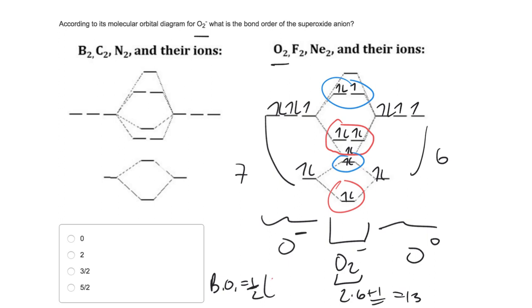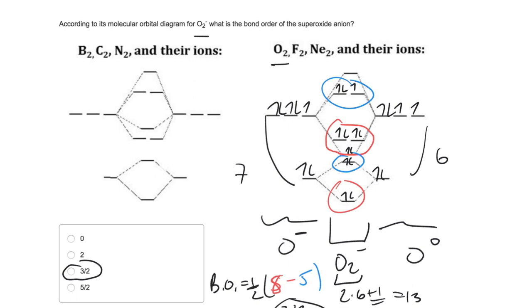I have 5 antibonding electrons. Oh, I wrote this wrong. I have 8 bonding electrons, so 8 electrons in red, and then minus the 5 antibonding electrons gives me a bond order of 3/2. So my bond order for O2 with a negative charge would be 3/2.